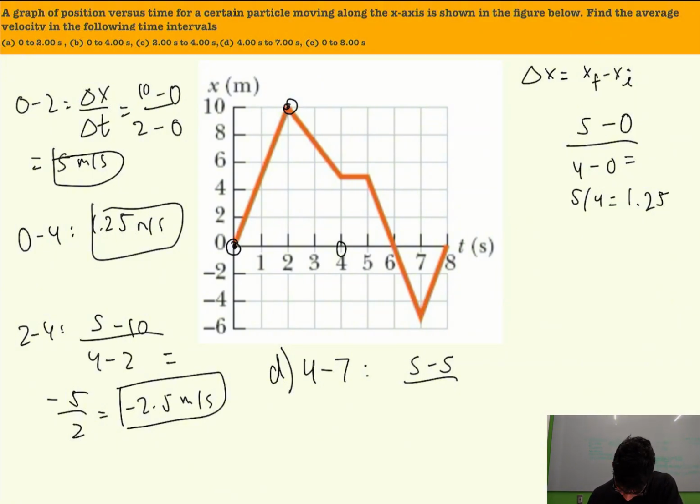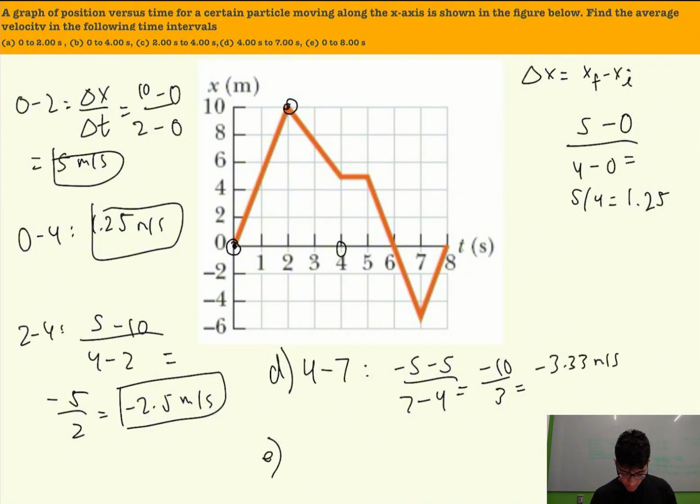So it's negative 5, and the total time is 7 minus 4. Negative 10 divided by 3 is negative 3.33 meters per second.